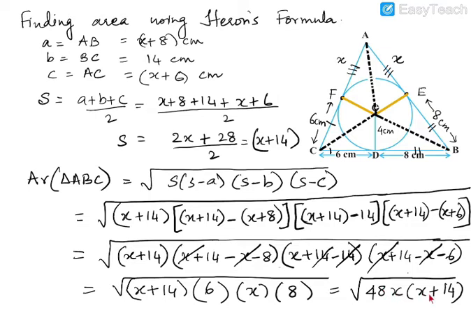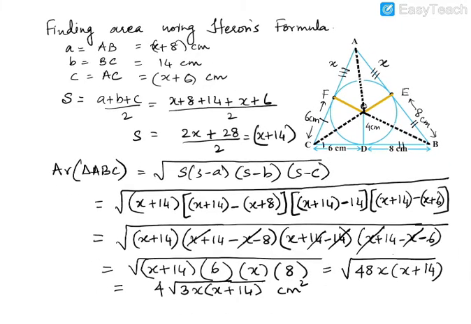We can write square root of 16 as 4 and rewrite this expression as 4 square root of 3x in brackets x plus 14 centimeter square. So this is the area of this triangle using Heron's formula. Let's mark this result as 1.